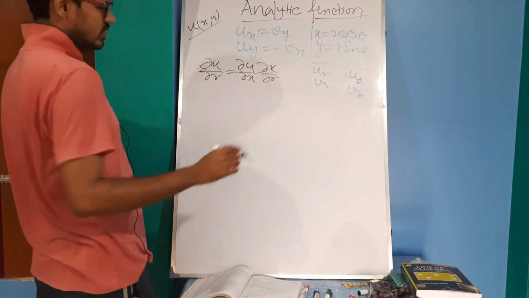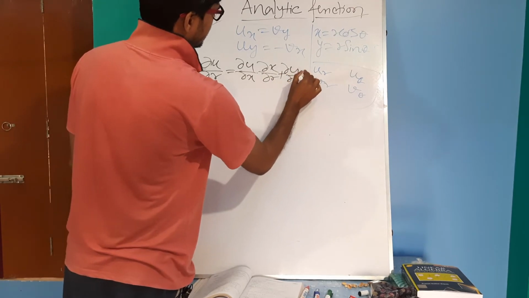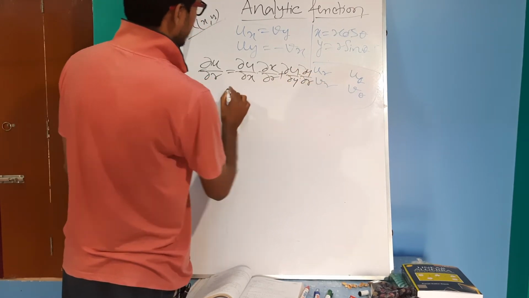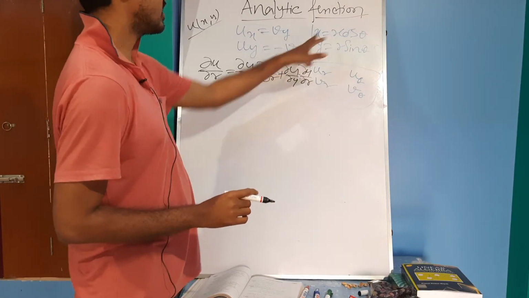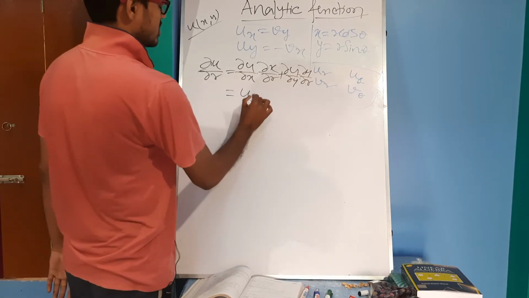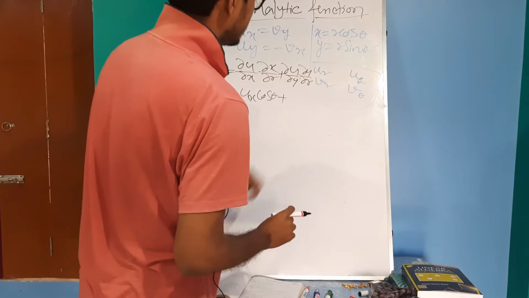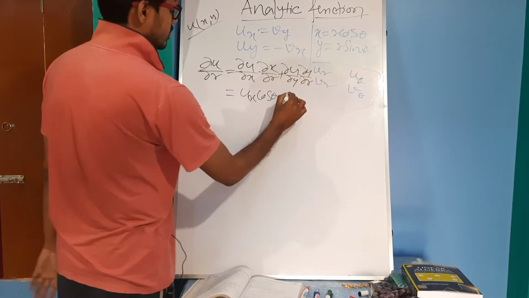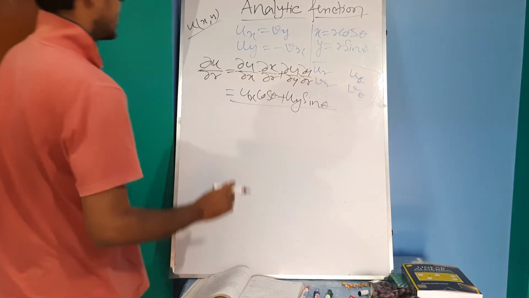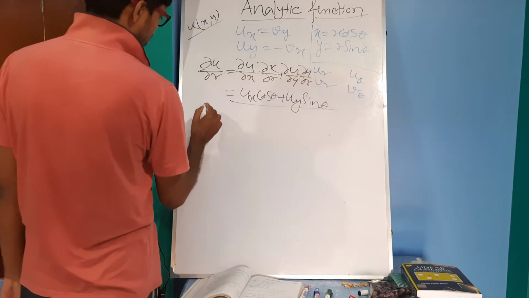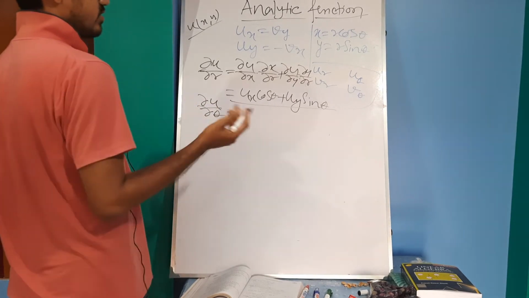So using the chain rule, we can write this, plus del u by del y into del y by del r. We find del x by del r from this. So u_x cos theta plus u_y sine theta. That's it. And similarly for del u by del theta, you will find some result.